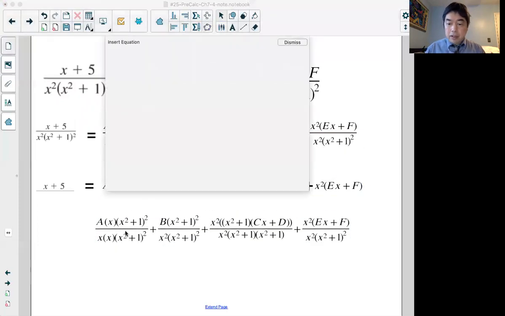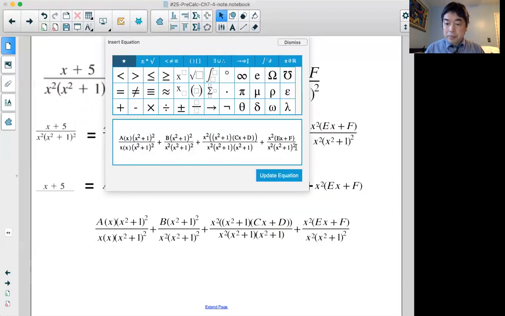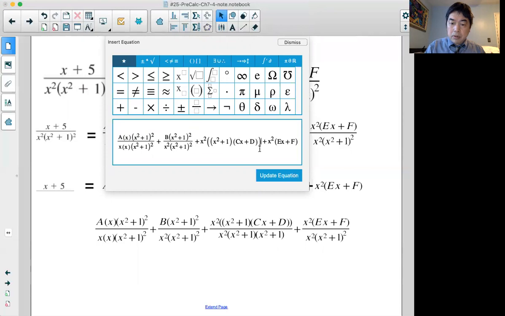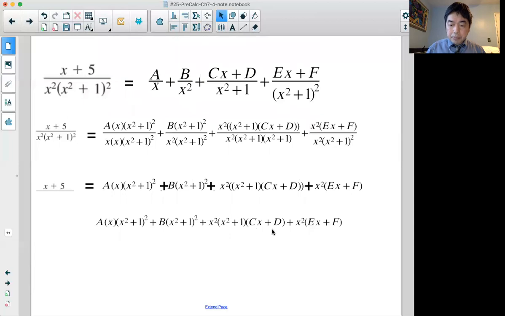Okay, I will start cleaning up the denominator. Okay, that's the first step.